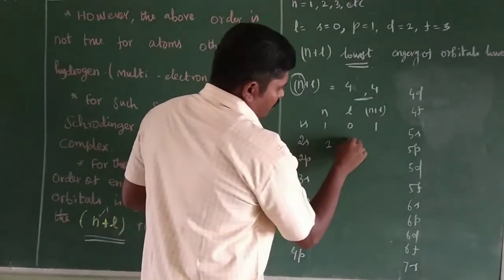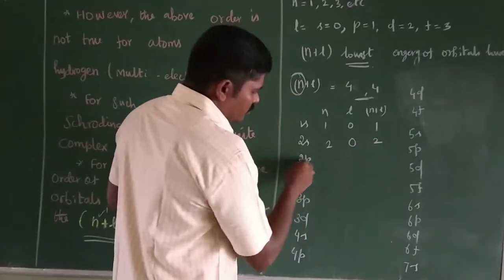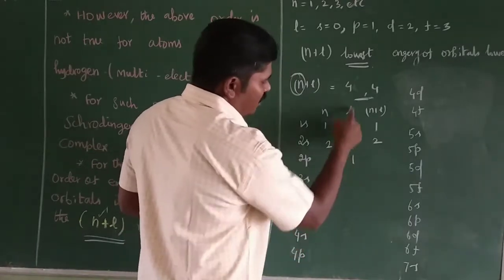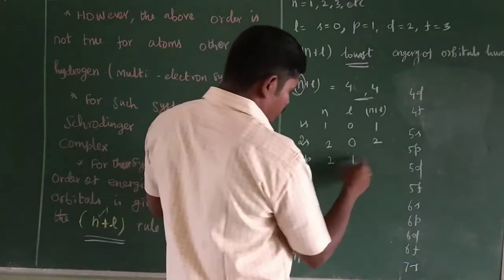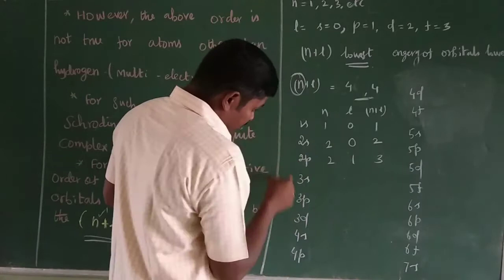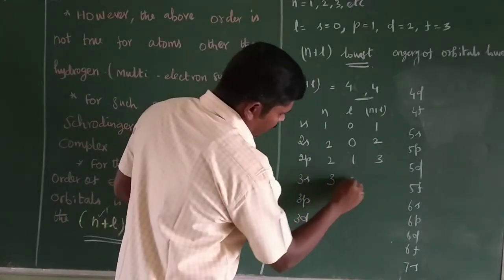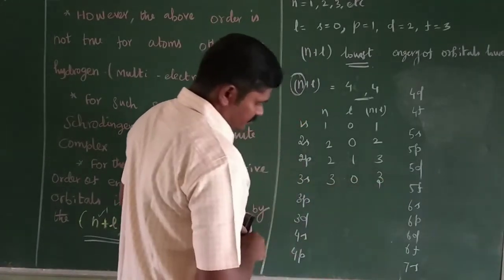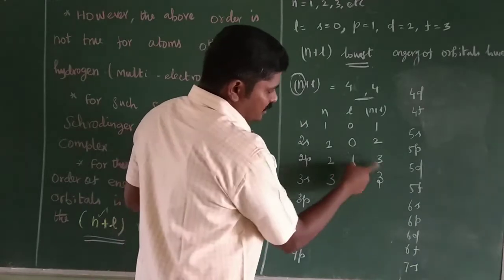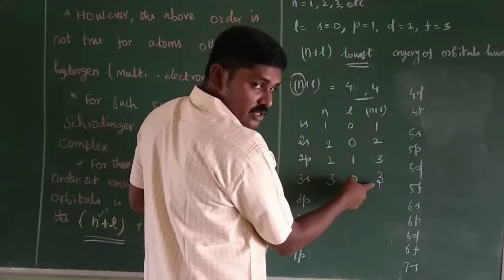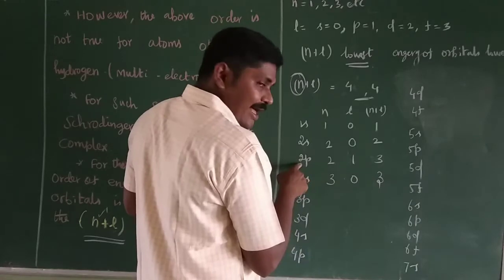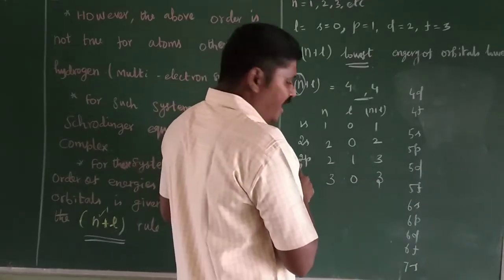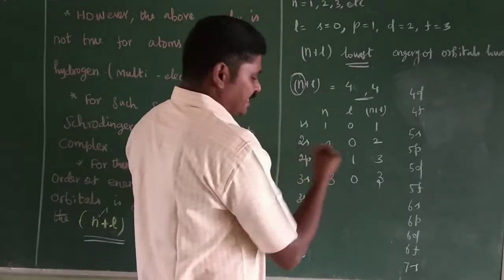In the 1s orbital, n is 1 and L is 0, so the n plus L value is 1. For 2s it is 2, and for 2p, L is 1, so 3. In 3s, 3 plus 0 is 3, so the same n plus L value; the lower n value orbital has the least energy.